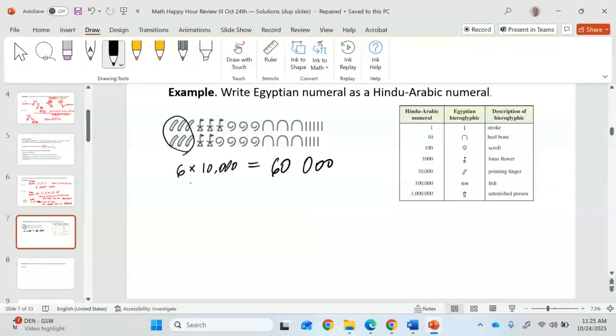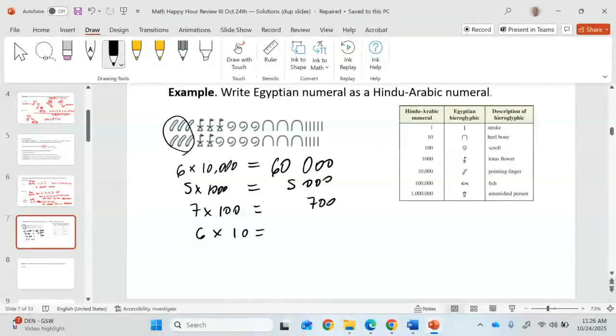Each flower is 1,000, so it's going to be 5 times 1,000, which is 5,000. I also have 7 scrolls, so it's going to be 7 times 100, since each scroll is 100. So this is 700. I have 6 of the heel bone, so 6 times 10, because each one has a value of 10, so this is 60.